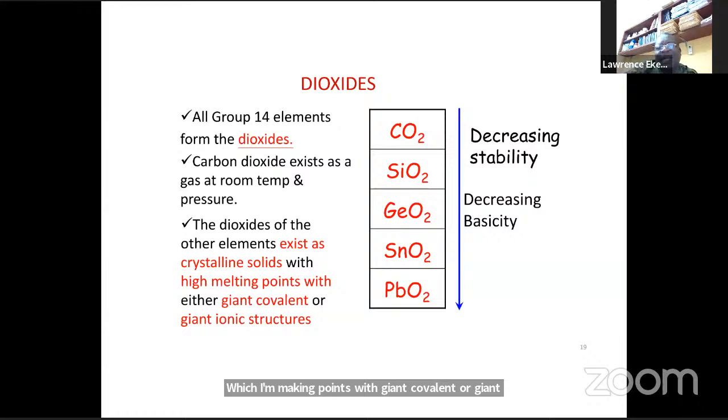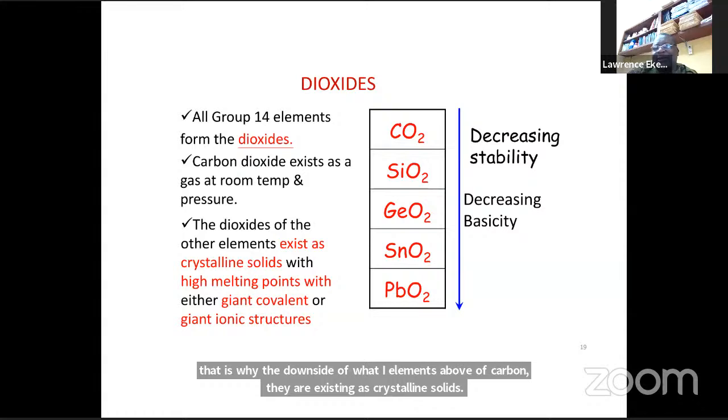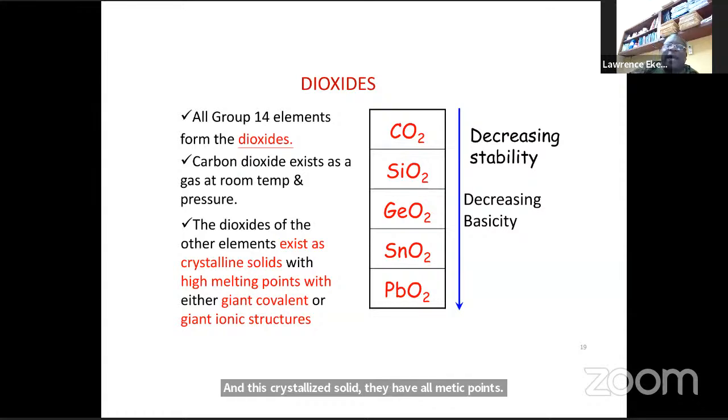The reason for the non-smooth transition is the movement from non-metals to metalloids to metals, and that is why the dioxides of the other elements apart from carbon exist as crystalline solids. Some of them at the middle are covalent in nature and exhibit a giant covalent structure, while those at the bottom exhibit giant ionic structures.